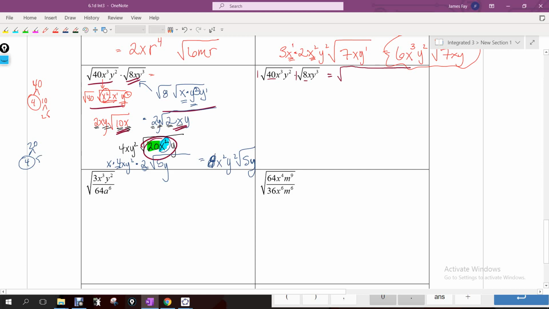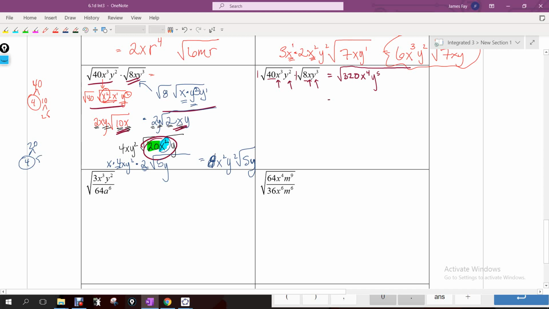Well, 40 times 8 is 320. Then I got x cubed times x. Those are like bases, so you add the exponents, so you get x to the fourth. And then y squared times y to the third, add those exponents, and you get y to the fifth.